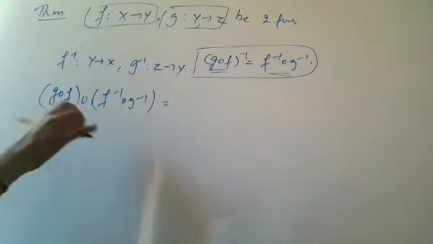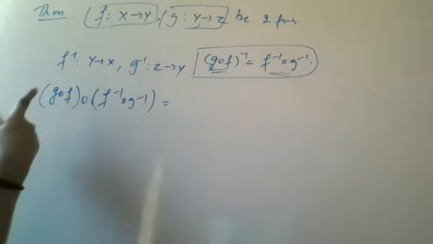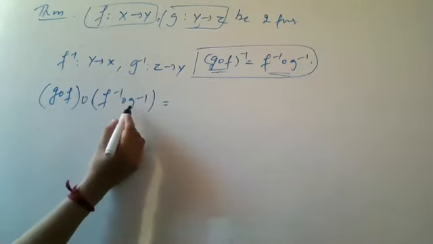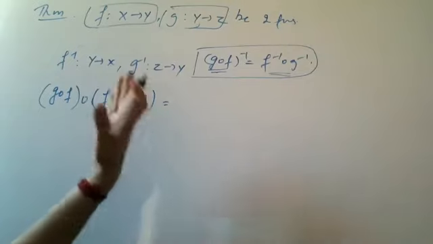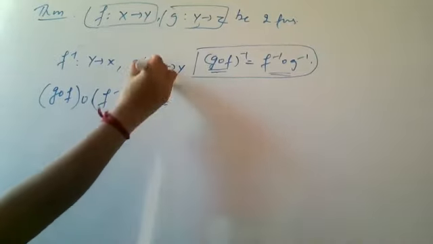Now कौन सा I आएगा? That is I का suffix क्या होगा वो लास्ट में मैं बताऊंगी, because कहाँ से स्टार्ट कर रहे हैं और कहाँ एंड कर रहे हैं उसके हिसाब से. यहीं से आप देख सकते हो. It is starting from G inverse. From the right it is starting. So you have G inverse first. G inverse कहाँ से स्टार्ट होता है? Z से, ठीक है?